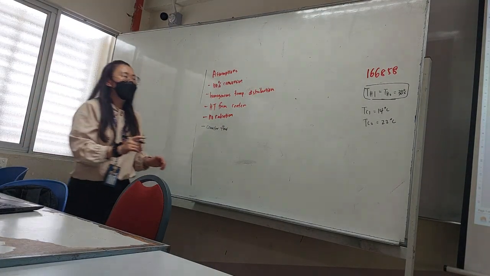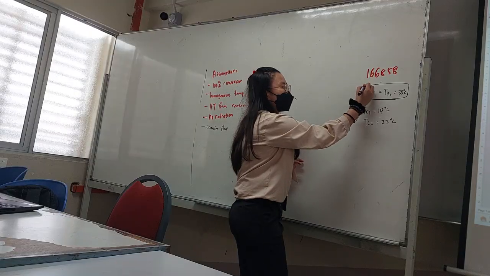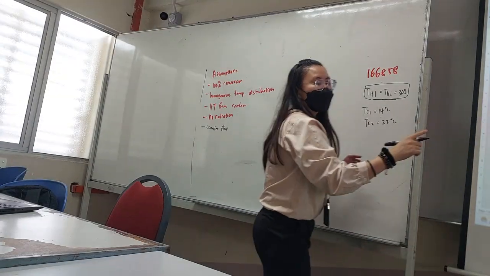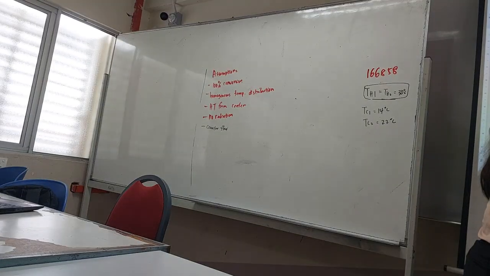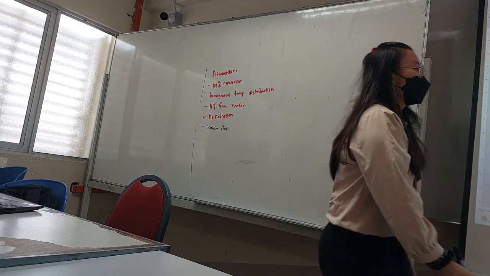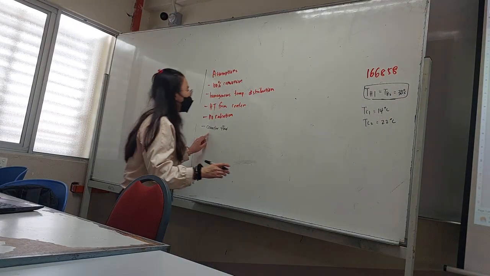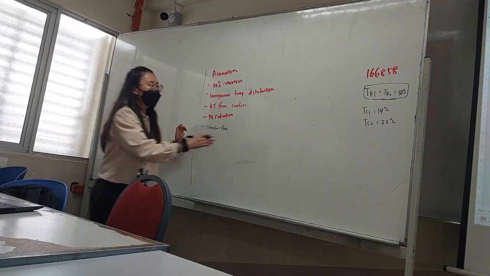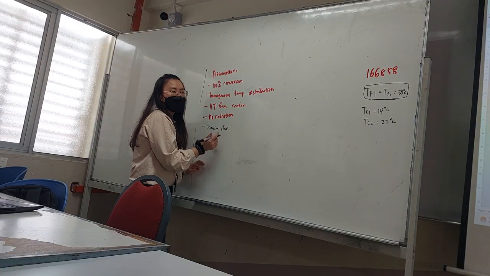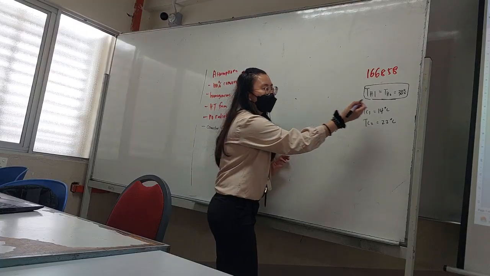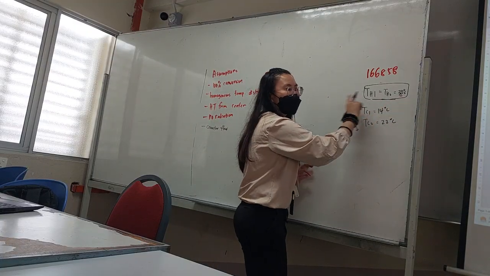If you are using parallel flow, the outlet temperatures will normally change. If you are using counter flow, the water has some friction forces and so on, so normally they can achieve the same temperature.